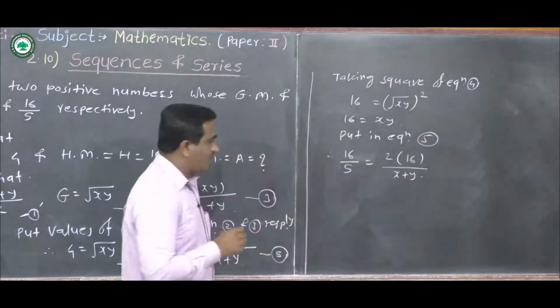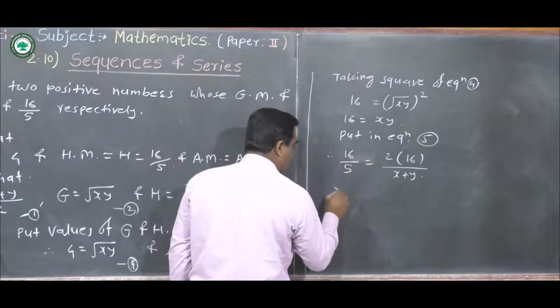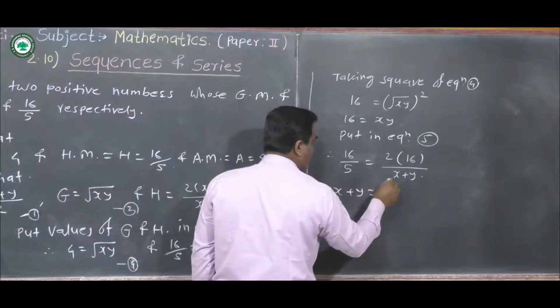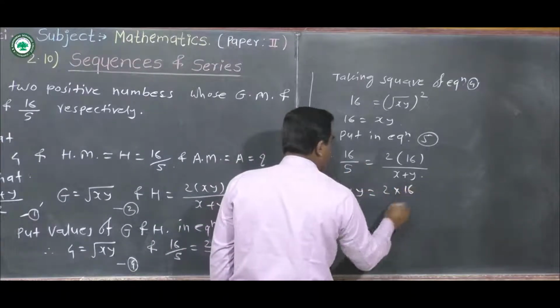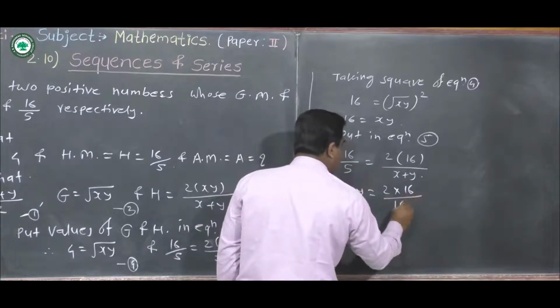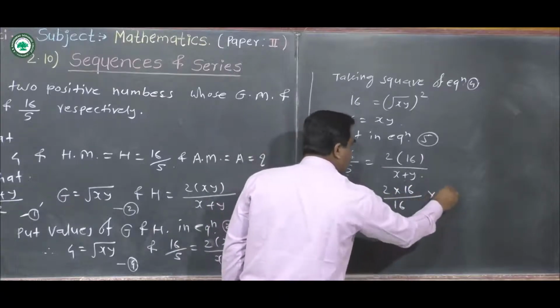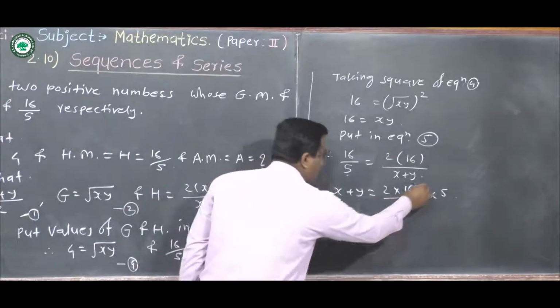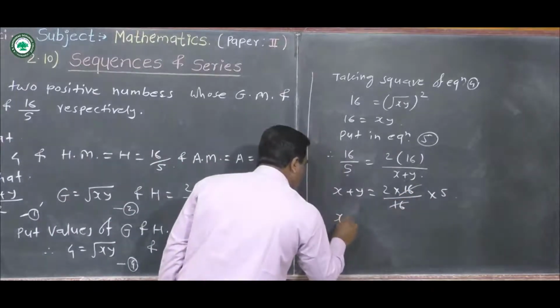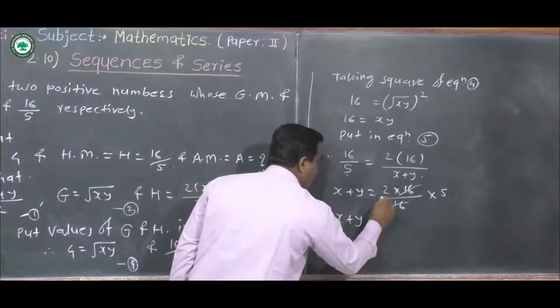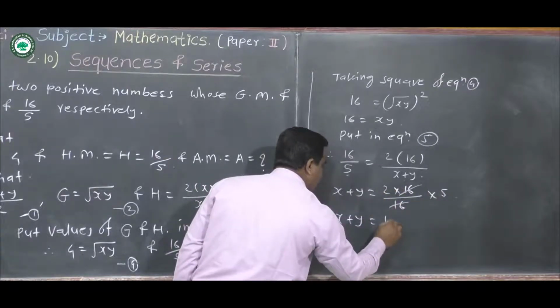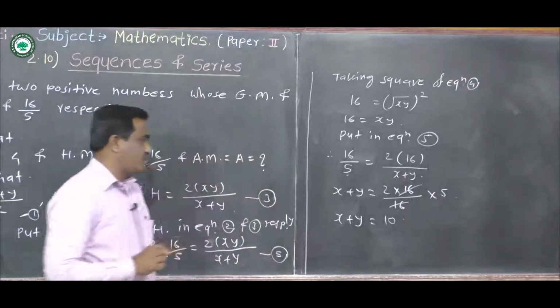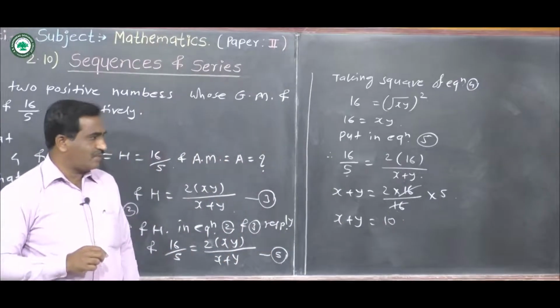Now simplifying this, take x plus y to the LHS, x plus y is equal to 2 into 16 upon 16 into 5. Now 16 upon 16 cancels out, remains only x plus y is equal to 5 into 2, 10. So we get x plus y is equal to 10.